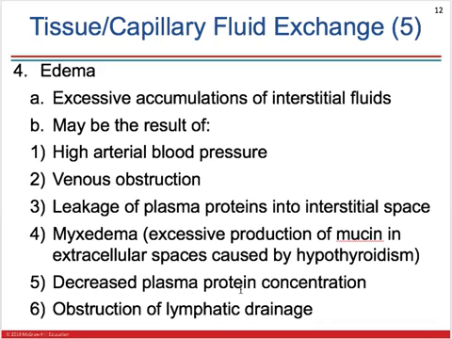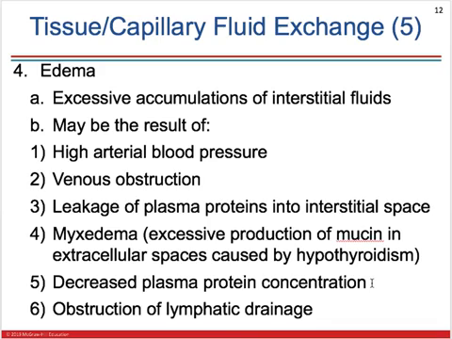A decrease in plasma protein concentration. So it has 25 millimeters of mercury normally, and almost all of this is because of albumin. And albumin is a relatively small protein, as I've mentioned before, that's made by the liver. And there can be a couple of reasons why this can be lowered. Well, one is starvation. If you simply don't have enough food in your diet, particularly proteins, you're not going to make enough albumin, and as a consequence, there isn't going to be enough albumin in the blood to hold the liquid in the blood, and instead that liquid's going to end up in the interstitial space.